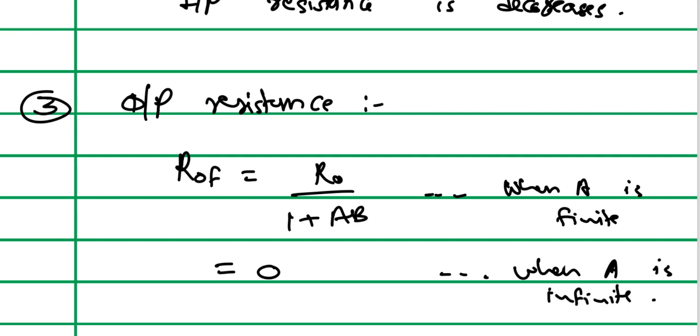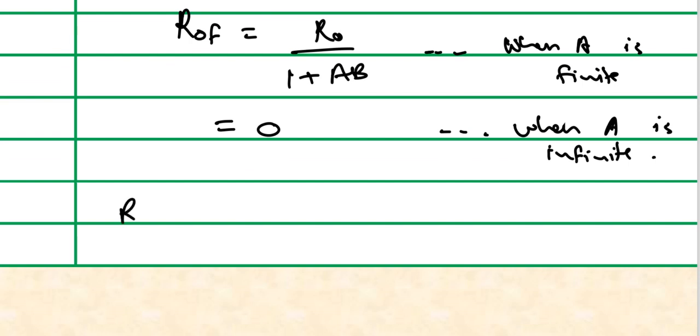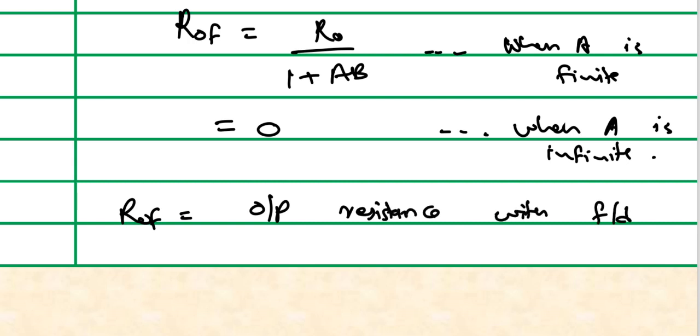So ROF is the output resistance with feedback, and RO is the output resistance without feedback.